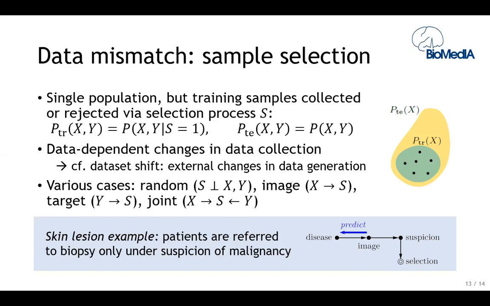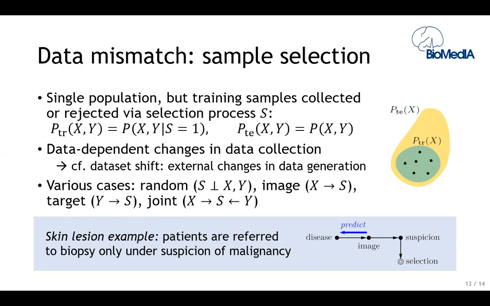Coming back to that skin lesion example, we suppose that the biopsy is only done when there's suspicion. So if a dermatologist looks at the image and says, oh, this looks a bit dodgy, let's go and have further tests to confirm the diagnosis, this is clearly a case of the image influencing whether the data is collected or not.